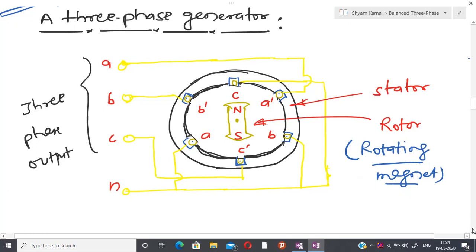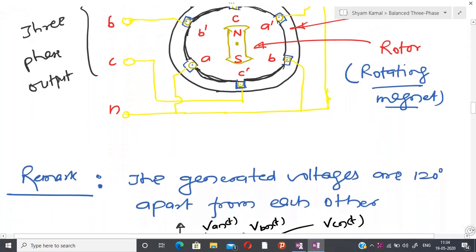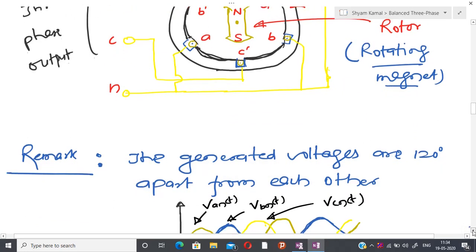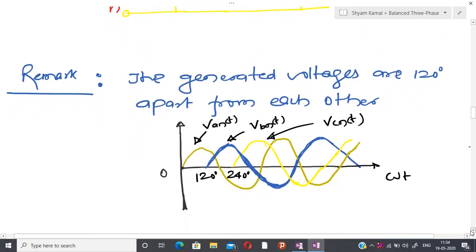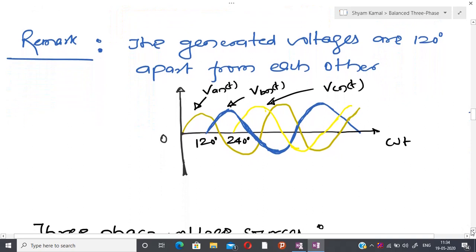In the next figure I am going to show the same. The generated voltages are 120 apart from each other, and this is due to the physical placing of the coils at 120 degree.